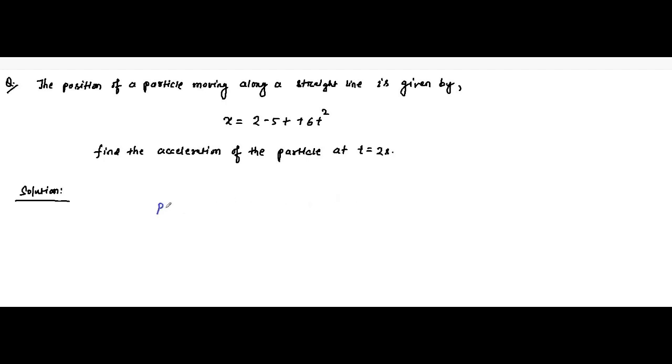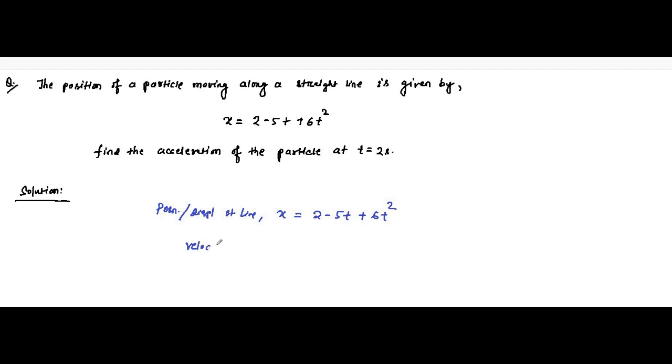Here the position, displacement, whatever you call it, along the straight line is given by the expression x is equal to 2 minus 5t plus 6t square.